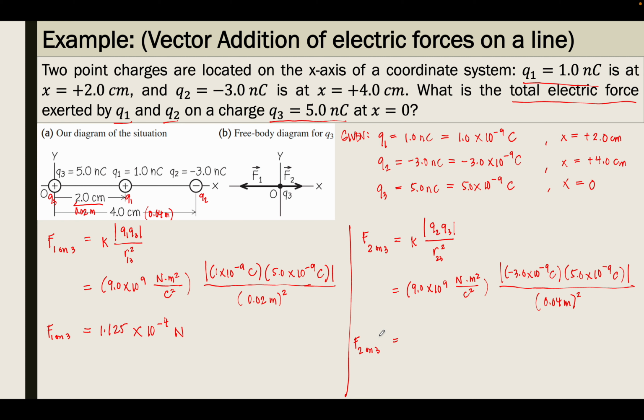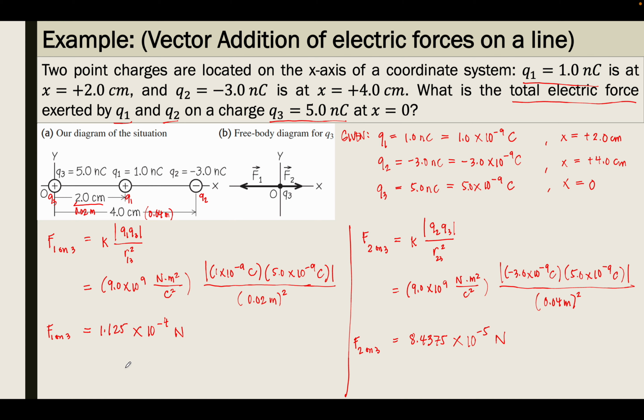Again, it is a positive value, which is equal to 8.4375 times 10 to the power of negative 5 Newton. For our final answer, we round off the answer.